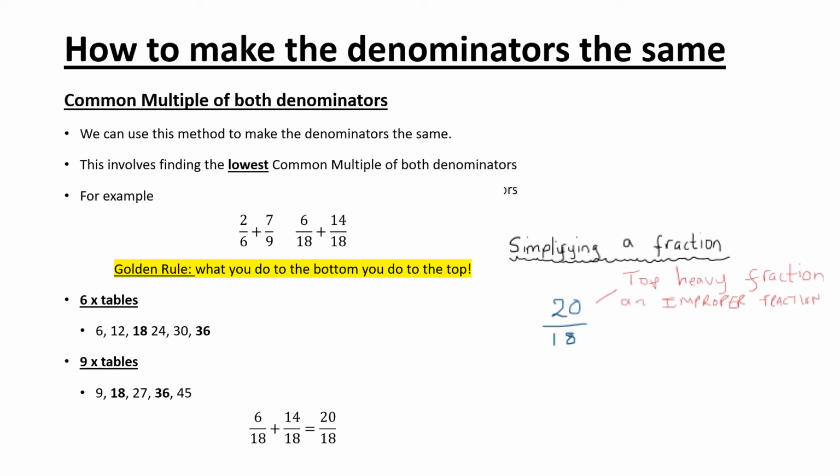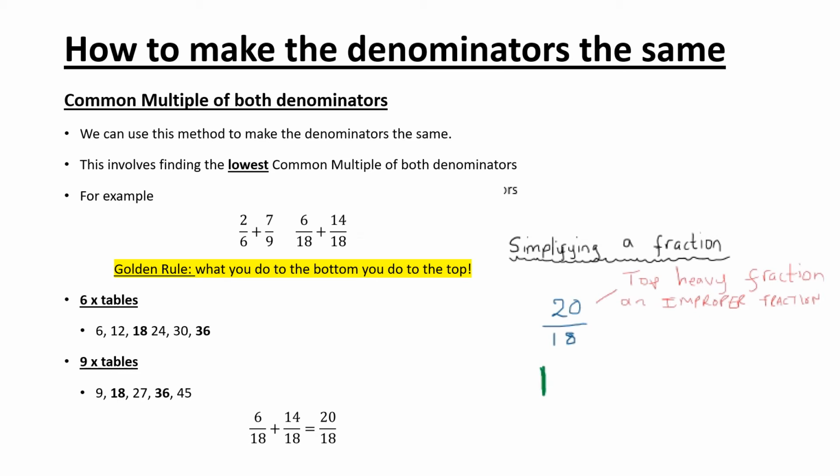We can simplify this fraction. So this is what we're going to do. Listen very carefully. We need to find out how many sets of 18 there are in 20. So how many 18s are there in 20? There is only one set.